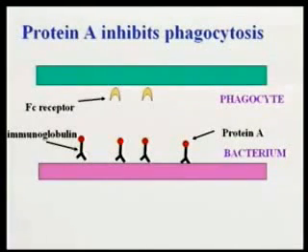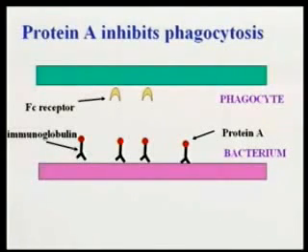Protein A, okay, in this instance the organism makes a thing called protein A, and it binds to the Fc portion of immunoglobulins. There are actually various weird and wonderful mechanisms you can think of about what protein A might do to inhibit phagocytosis, and I'm just giving you one example here. In this instance, the protein A sticks to the Fc portion of the immunoglobulin, so the immunoglobulin can't bind to the Fc receptors of phagocytes.